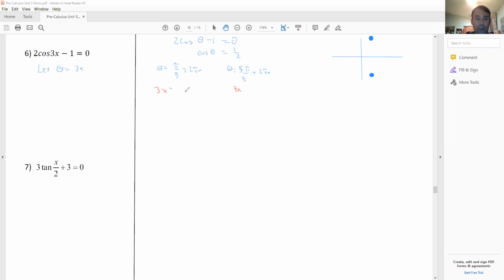So 3x equals pi over 3 plus 2 pi n. 3x equals 5 pi over 3 plus 2 pi n. And then we're going to get rid of that 3 by multiplying it by 1/3.